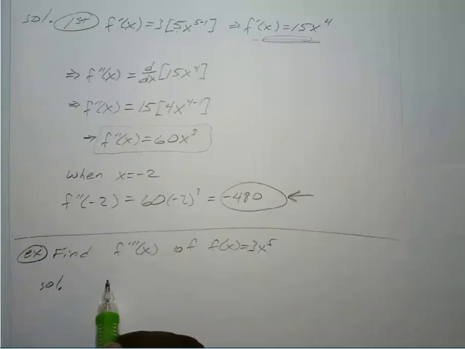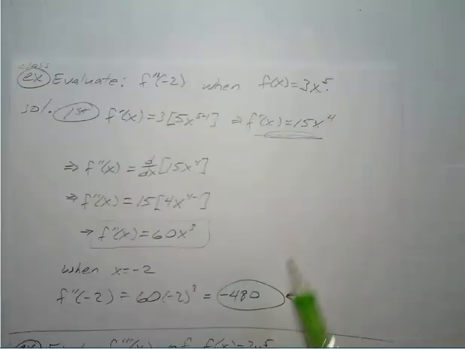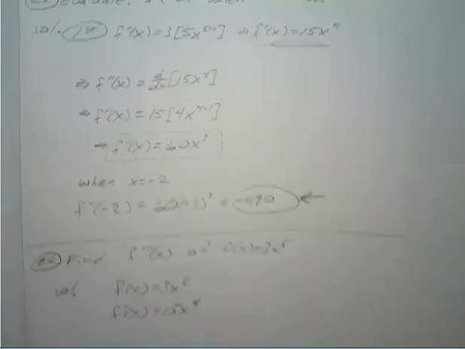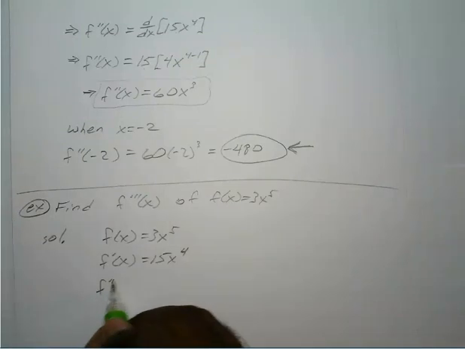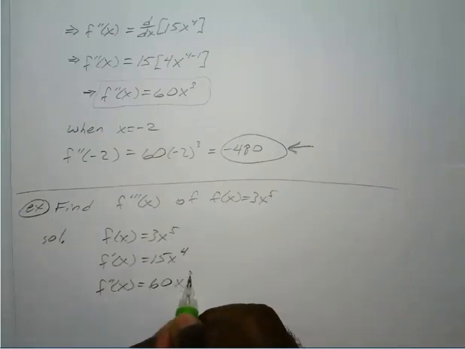Just to write it kind of in order, f of x equals 3x to the fifth power. F prime of x we figured out already up here. It's 15x to the fourth. Okay, our second derivative we figured out already is 60x to the third power.